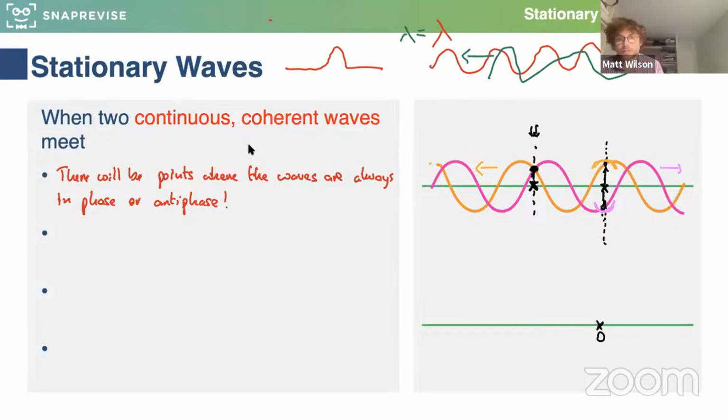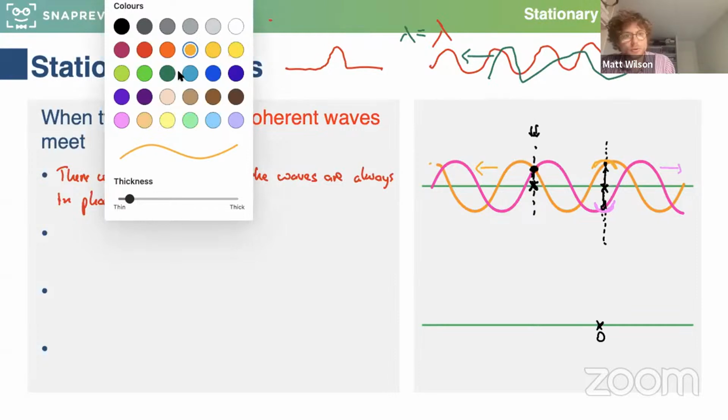So we see there's certain points that are always going to work together and certain points that are always going to work against each other. And that's what we're getting at here. Certain points where the waves work in phase, and certain points where they're always in antiphase.